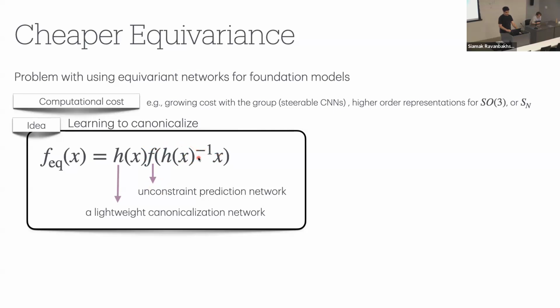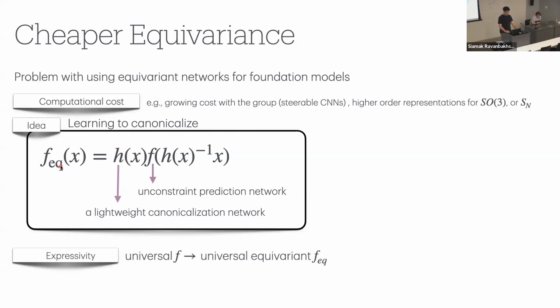This function h produces a representation, meaning that it is transforming x to a canonical form. You feed that to a constrained network, and you take the output of the network and transform it back. So you see that we have h inverse here and h here. What is gained here is that because these canonicalization networks, h, can be really lightweight, very simple networks, you can get equivariance for much cheaper than what you usually get using equivariant networks.